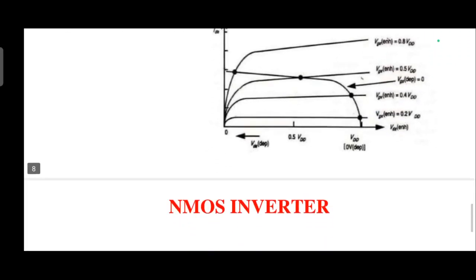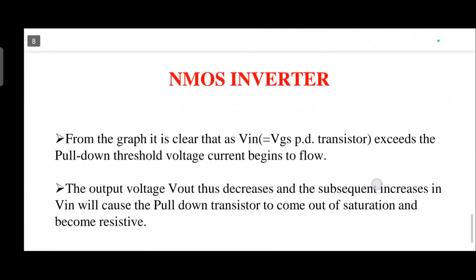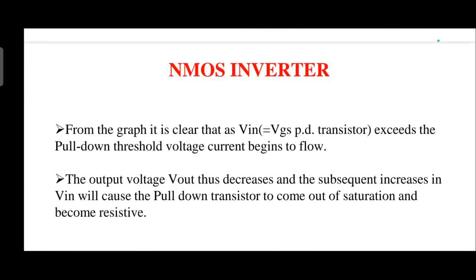Whenever we increase the input voltage, that means VGS, the gate to source voltage at the pull-down transistor, as soon as it exceeds the threshold voltage of the enhancement mode device, the enhancement mode transistor starts conducting.